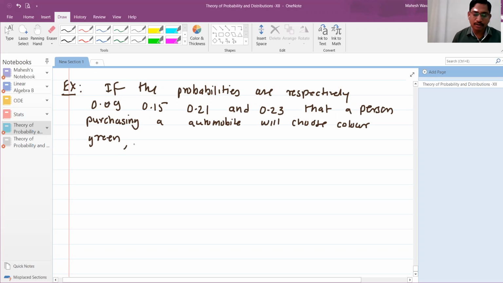The probability of choosing the color of that vehicle as white is 0.15. Respectively, next is red, and last is blue.